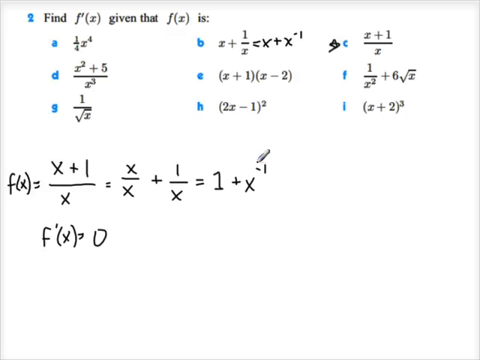So negative 1 times essentially a positive 1 gives you a negative 1. So that's minus 1. Put our x here. Then we drop this exponent by 1, so negative 1 minus 1, which gives us negative 2. So then we would be able to say that once we're done, we have as our first derivative negative x to the negative second power, like that.